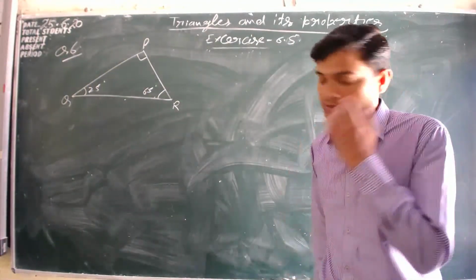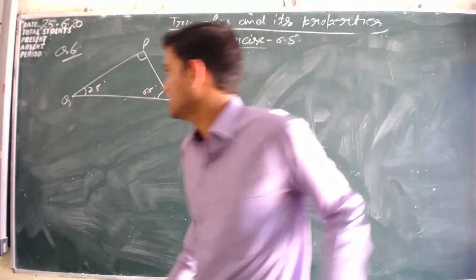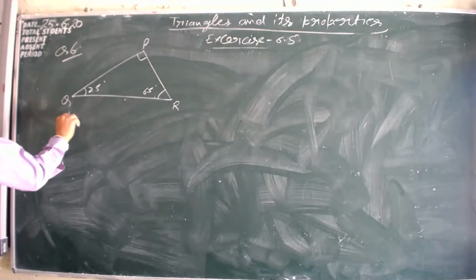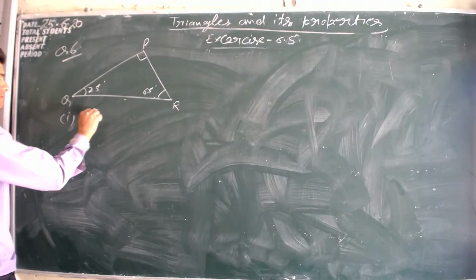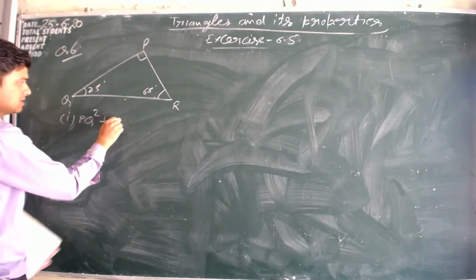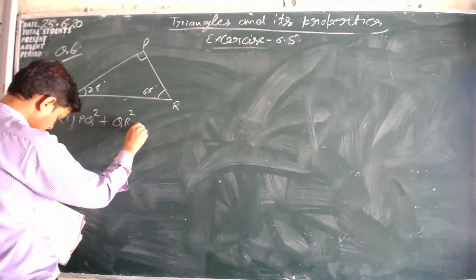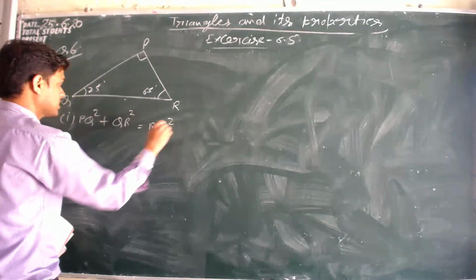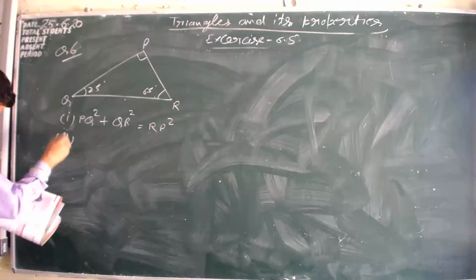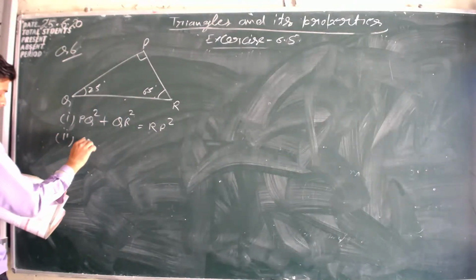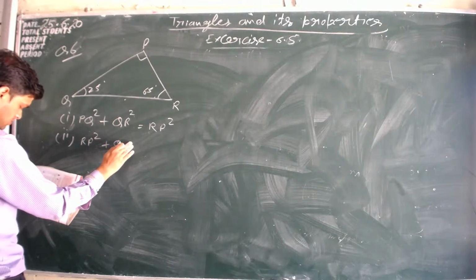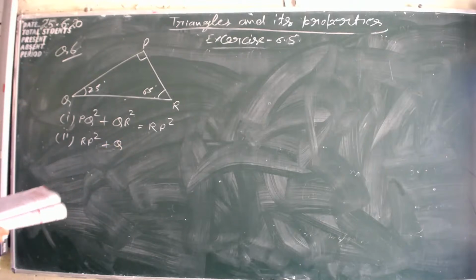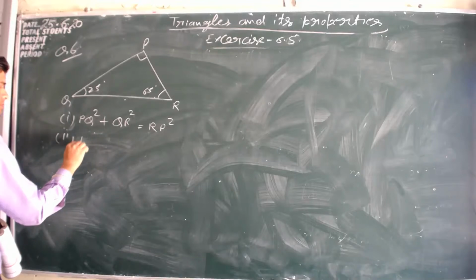Now we have to think which statement is true. So three statements are given here. कौन से हैं? First statement is this. Second statement is this. RT square is equals to plus PQ square.